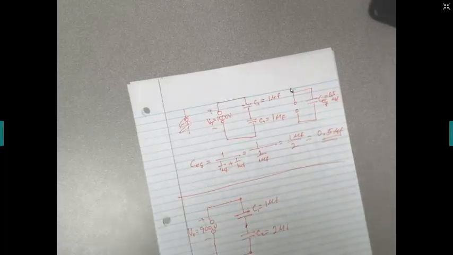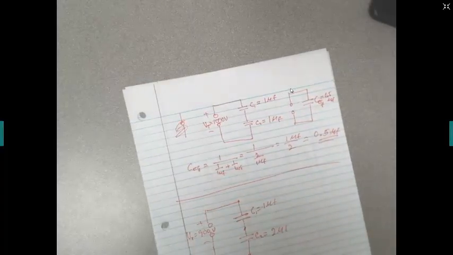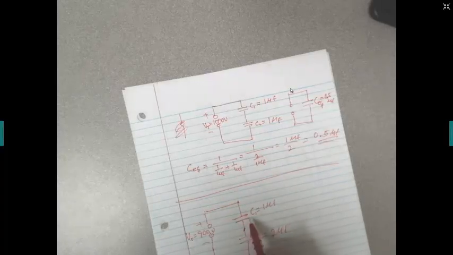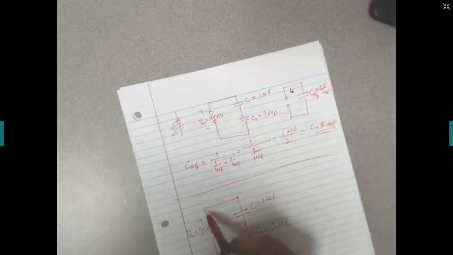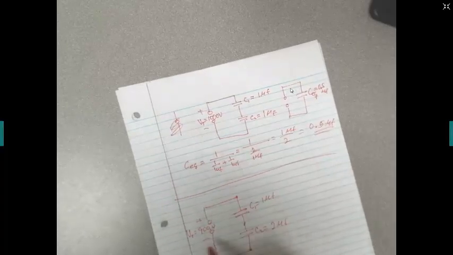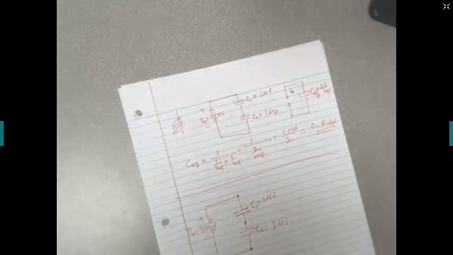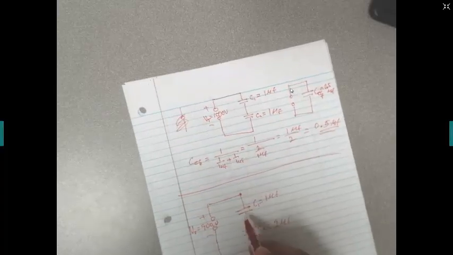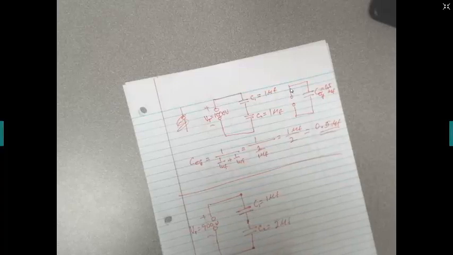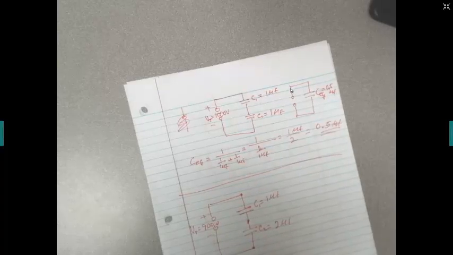So let's see what's the voltage across C1, VC1. This is the total voltage across here, 900 volts, right? If we do the voltage divider here, VC1 is going to be C2 divided by C1 plus C2 multiplied by the total voltage.